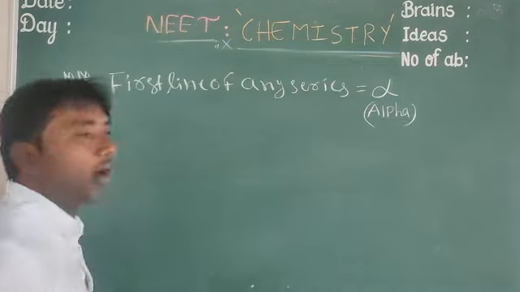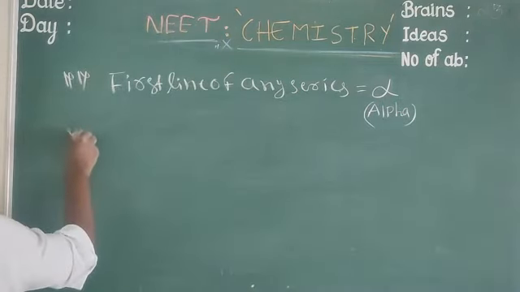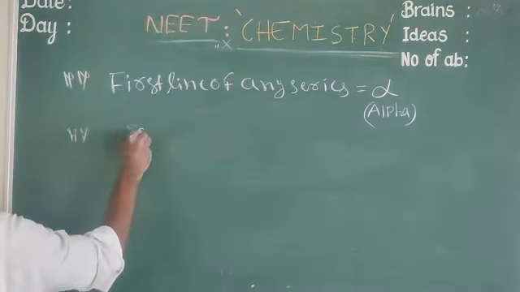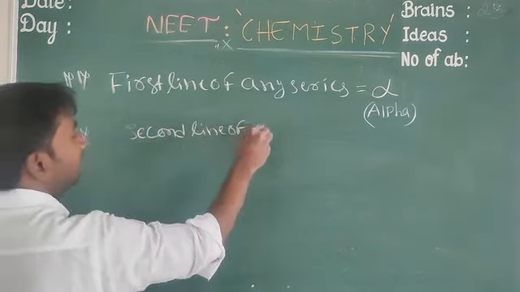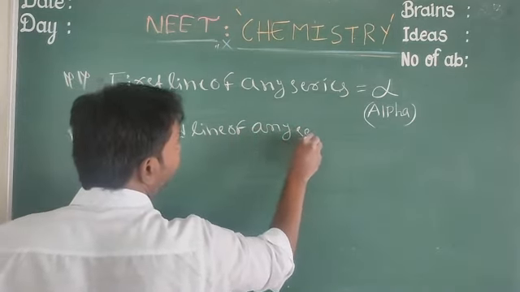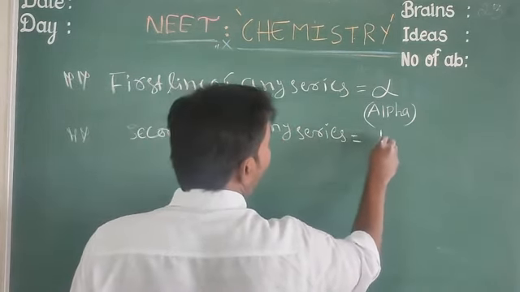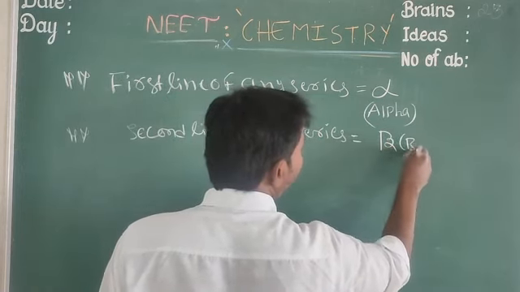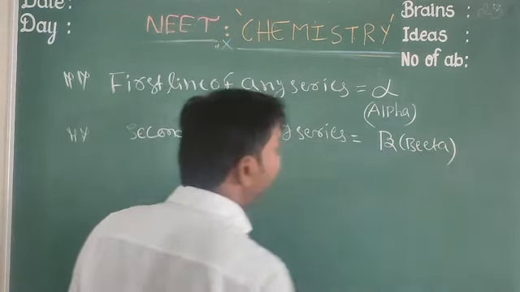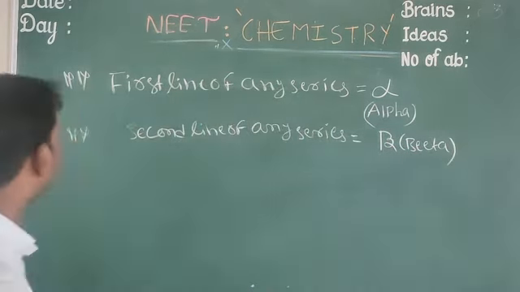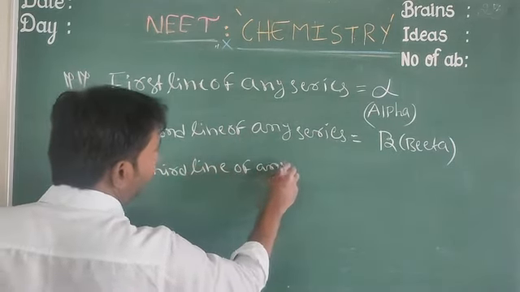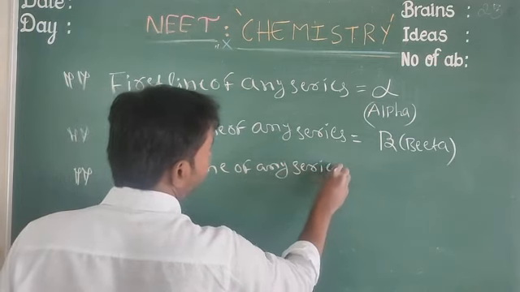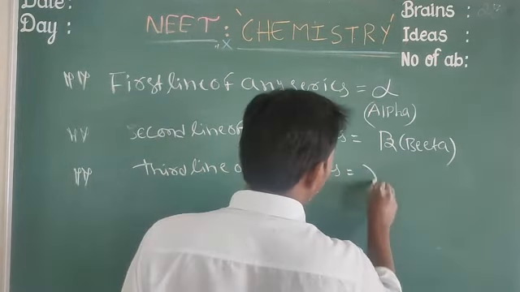We call the first line of any series alpha, the second line of any series beta, and the third line of any series gamma.